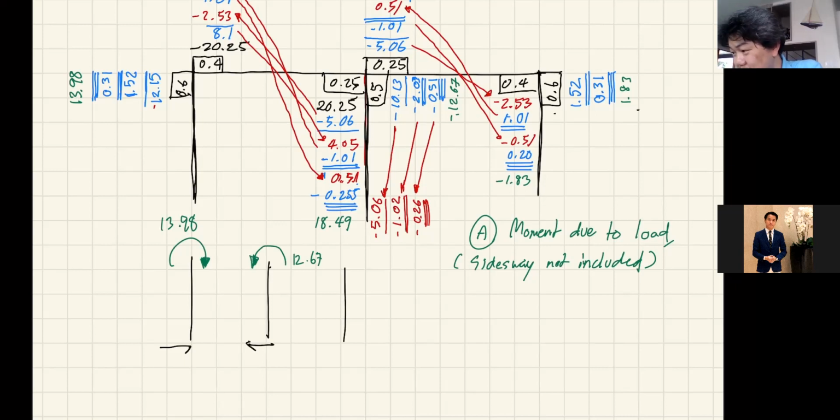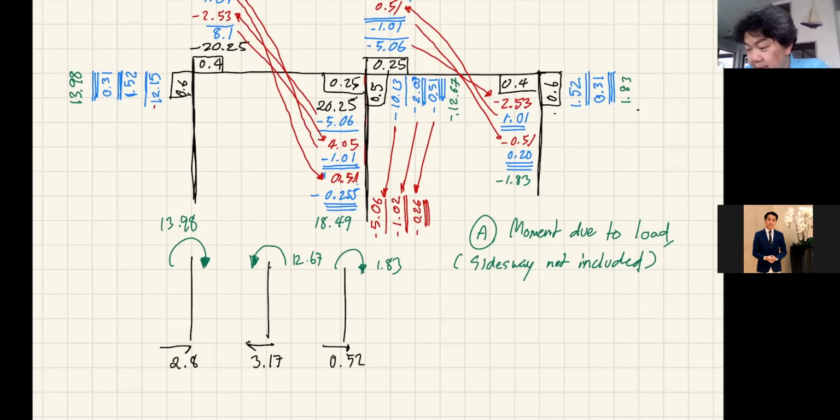So it's this one. So it's clockwise of 1.83. So the shear is this. Okay, we need to do this extra step, and that is 2.8. That is 3.17, and that is 0.52.